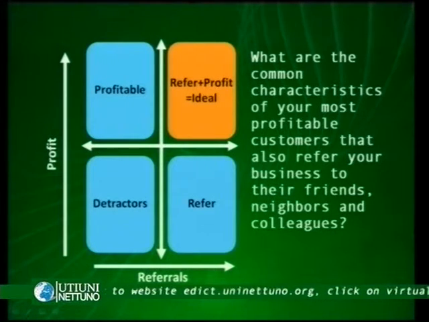So the top right-hand box there are the people that you should be building the relationship with, and you should say, if I can have 10 of those, my business would be great. So you need to understand those in so many ways. Let's see how we can start to accumulate the information about those people.